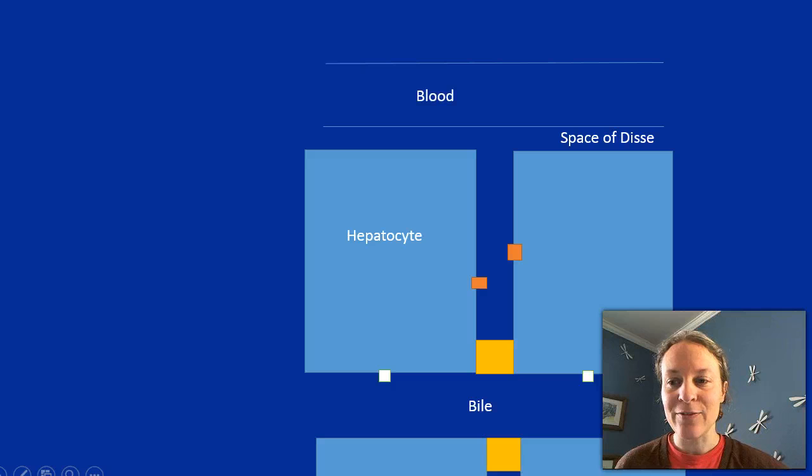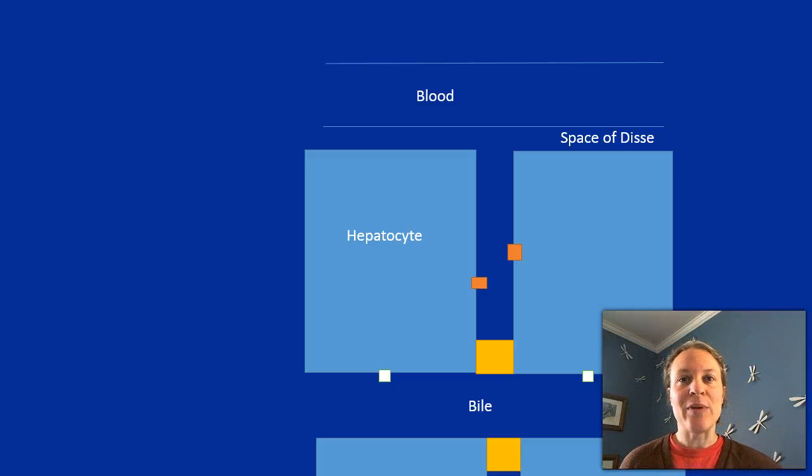And conveniently enough, there's another protein called MRP3, which is found on the basolateral side of the hepatocytes. And it basically does the same thing. It helps conjugated bilirubin get out of the hepatocyte, except in this case, instead of going into the bile, it's going into the interstitial space, and from there it can just diffuse back into the bloodstream.